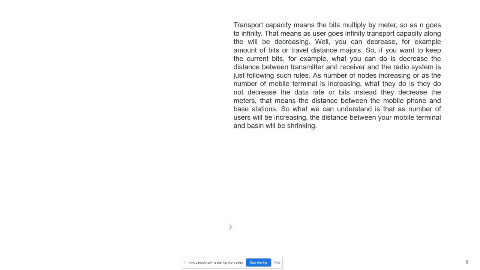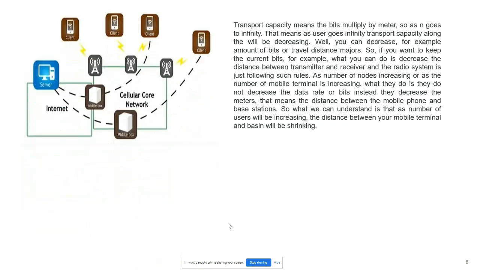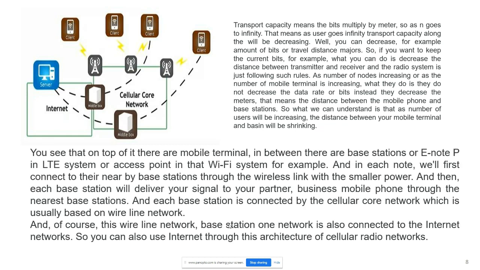So this shows the very fundamental picture of the cellular radio network of today: the 2G, second generation, 3G, 4G, and 5G as of the moment. So you see on top of it, there are mobile terminals. In between, there are base stations, or eNodeB in LTE system, or access point in Wi-Fi system, for example.